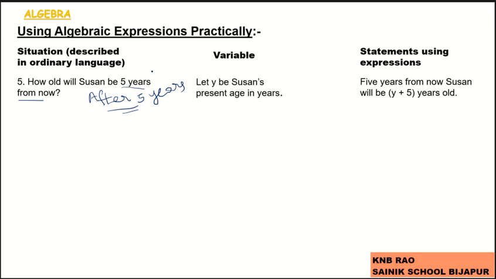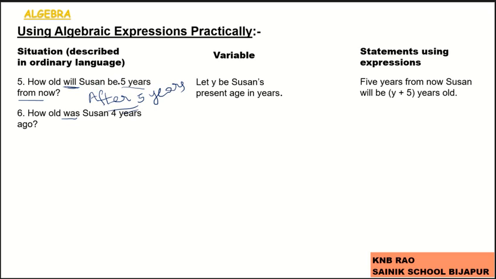Now coming to another situation. How old was Susan? See children, if you are smart, you can understand the logic of the English language. See, was, it is past tense. Past tense tells before. And in the earlier one, will be tells future tense.